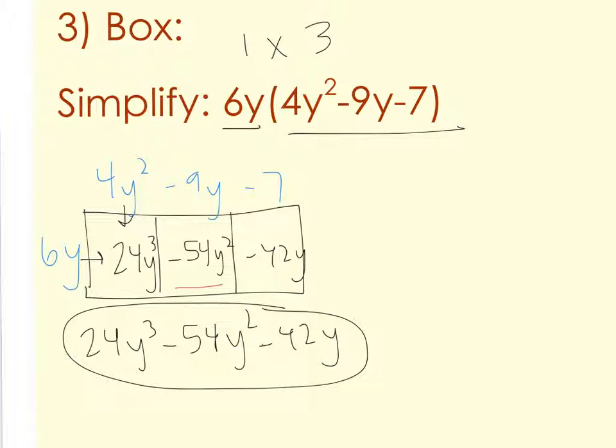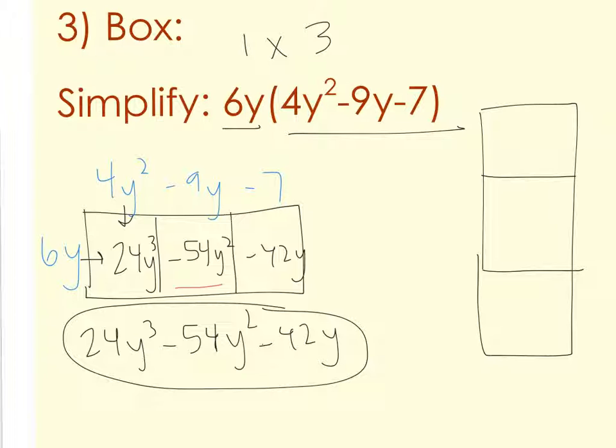Or I could also make my 1 by 3 box vertical over here, dimensions 1 by 3, and I'll put 6y, the monomial, one term, where the one-sided box is, my 4y squared, negative 9y, negative 7, and then I go ahead and multiply as I did before with my horizontal box, and I will get the same answer.